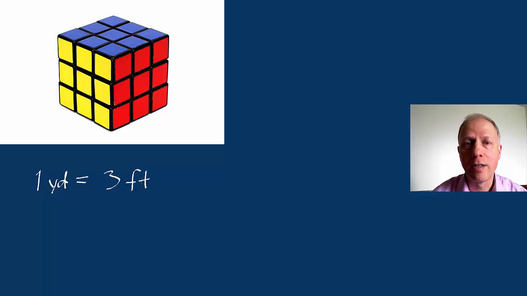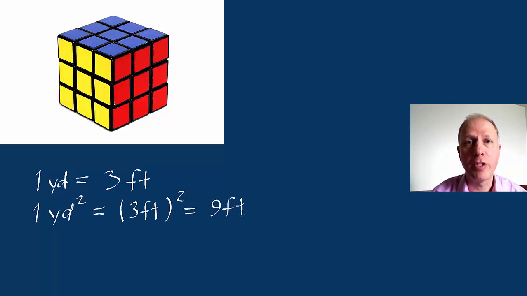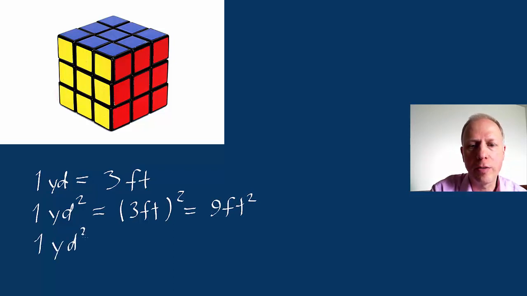It's 1 square yard. Is that 3 square feet? No, it's 9 square feet. 1 yard squared is 3 feet squared, which is 9 square feet. Similarly, the volume of the cube is not 3 cubic feet. It's 1 cubic yard, which is 27 cubic feet.